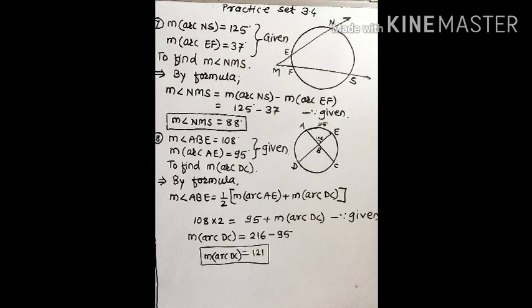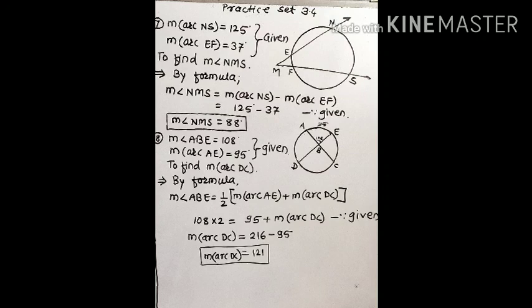Now we have the formula for angle ABE, which is given to us as 108 degrees. And what is that formula? Measure of angle ABE is equal to half of the sum of measure of arc AE and measure of arc DC. Now put the values. Measure of angle ABE is 108.